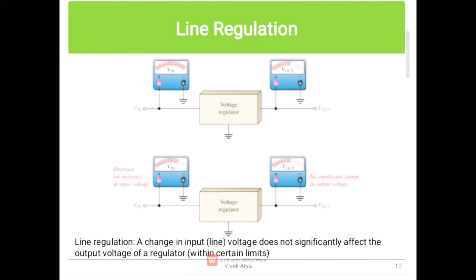A change in input voltage does not significantly affect the output voltage of a regulator. It means varying the input voltage does not affect the output voltage. For this purpose, we use line regulation.